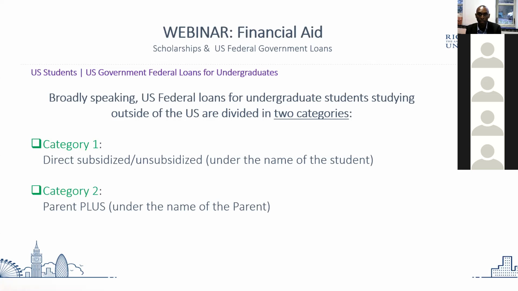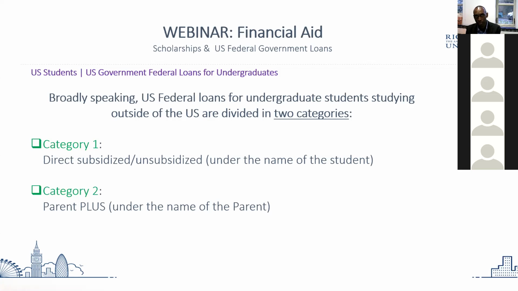If you're an independent student, your parents cannot apply for the Parent PLUS loan, because the Parent PLUS loan is only for dependent students. So if you're an independent student, you can only access what's called the subsidized and unsubsidized direct loans.